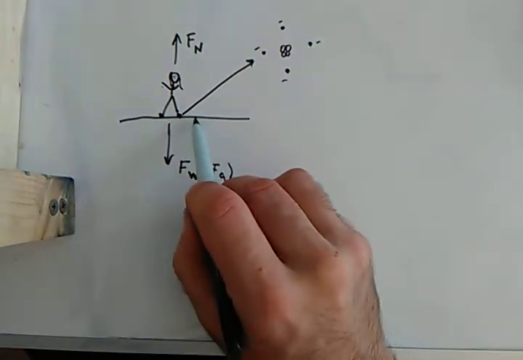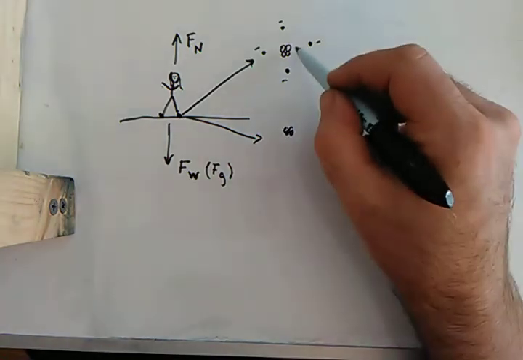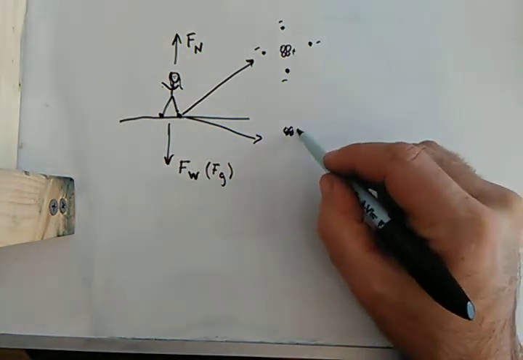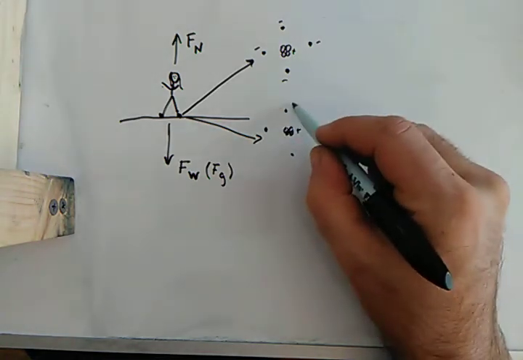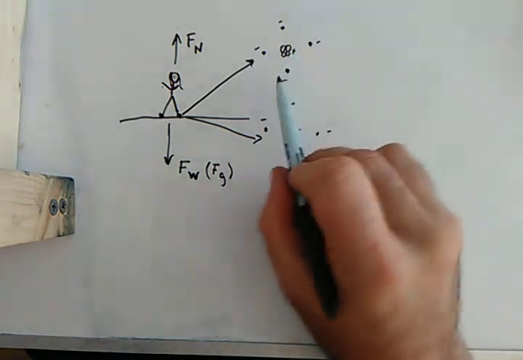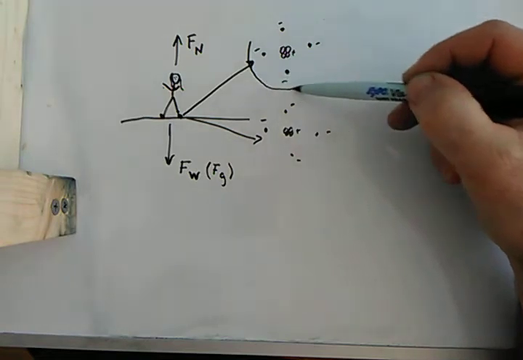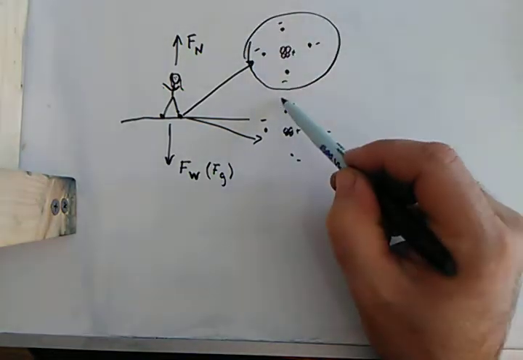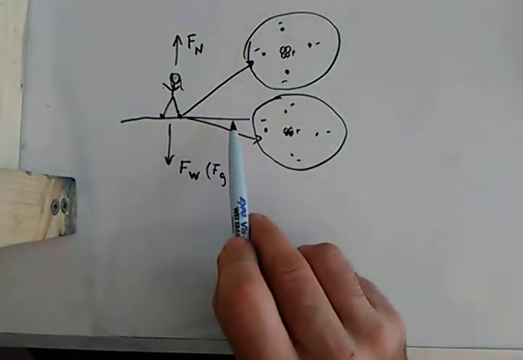Now, the ground also has an exploded view, positive nucleus and negative electrons around the nucleus. Now look, here's her foot. Let's say this is the size of the atom around her foot, and this is the size of the atom of the ground.